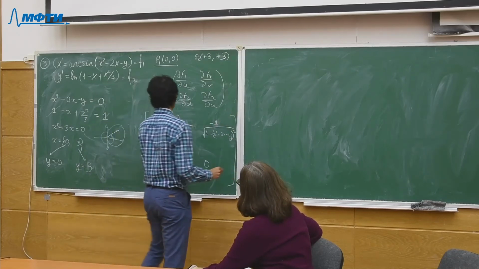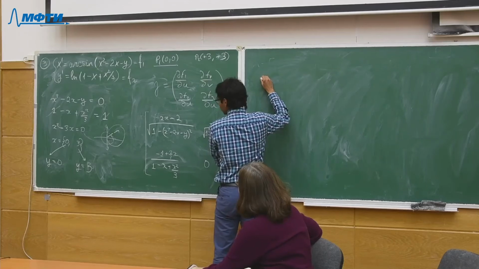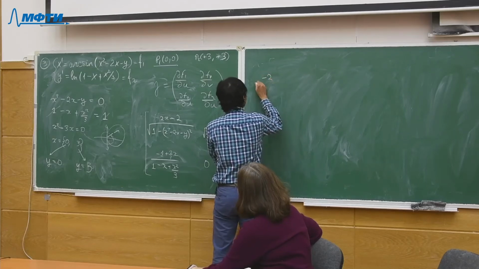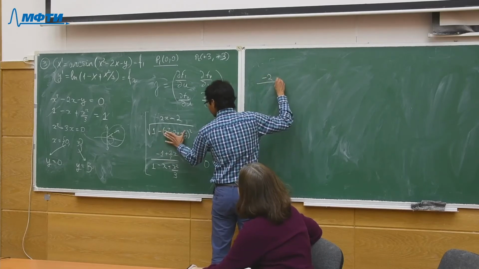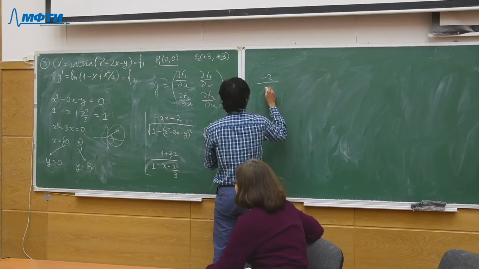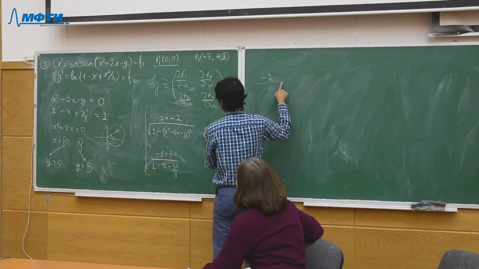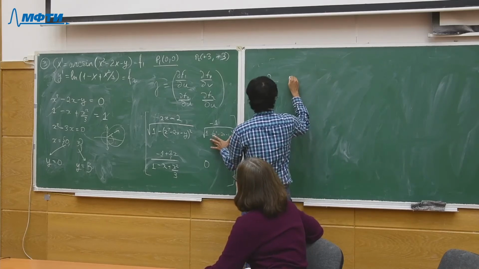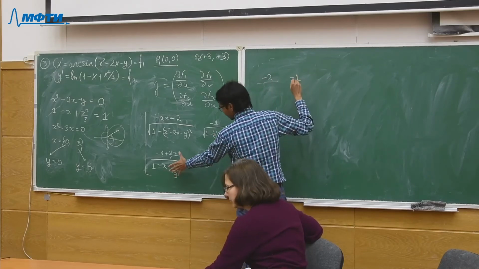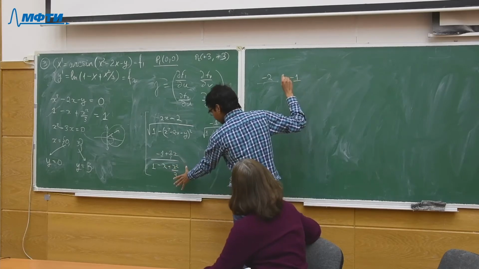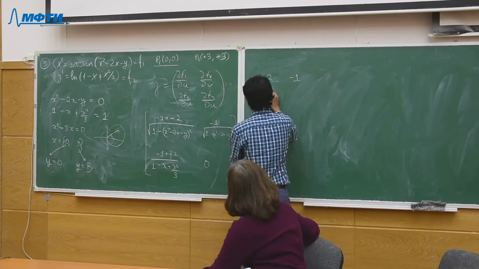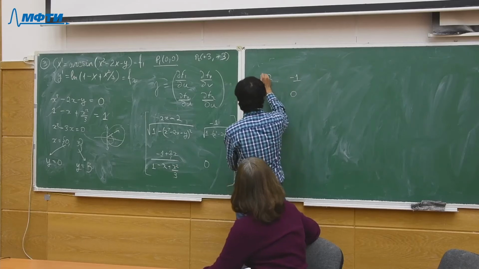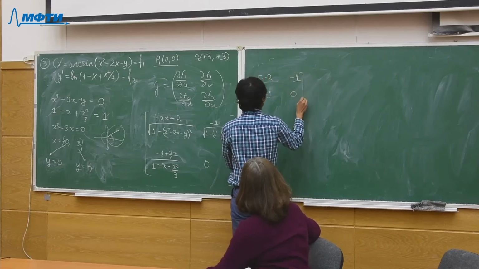So the Jacobian matrix is minus 2 divided by square root of 1, which is minus 2. And over here it is minus 1. Over here it is minus 1 divided by 1, so minus 1. Yes.